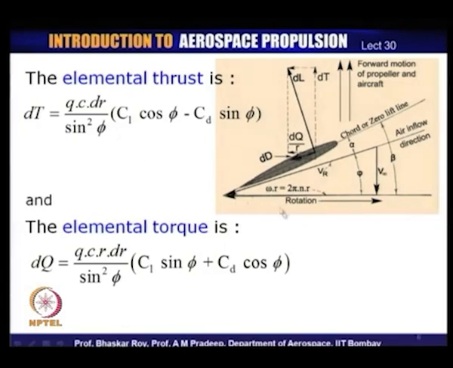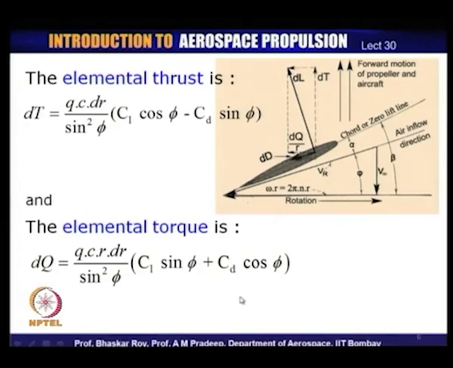Correspondingly, the elemental torque can be written down again in terms of dynamic head q, the chord C, r of course is the length of the element from the axis, and dr is the elemental length of the particular element, and phi is the flow angle, CL, CD are the characteristics of the aerofoil being deployed at that particular section.